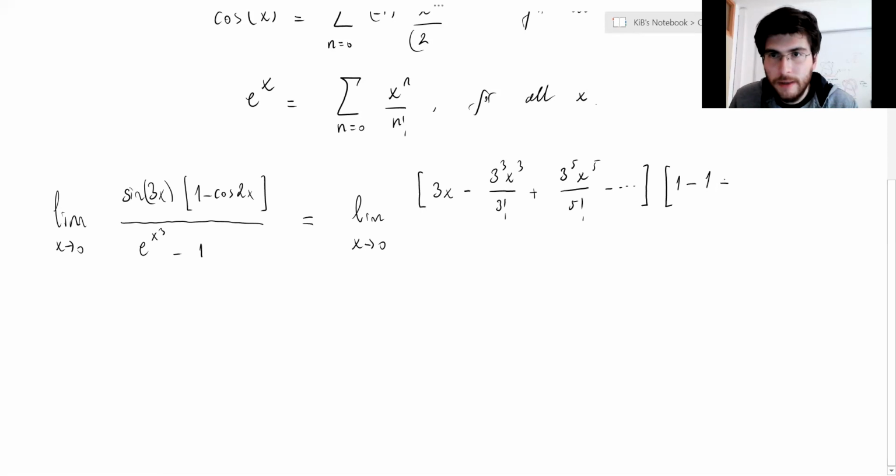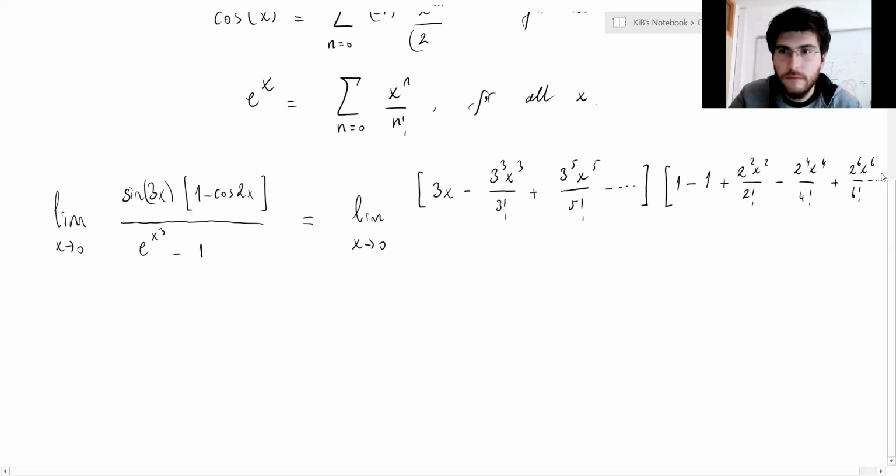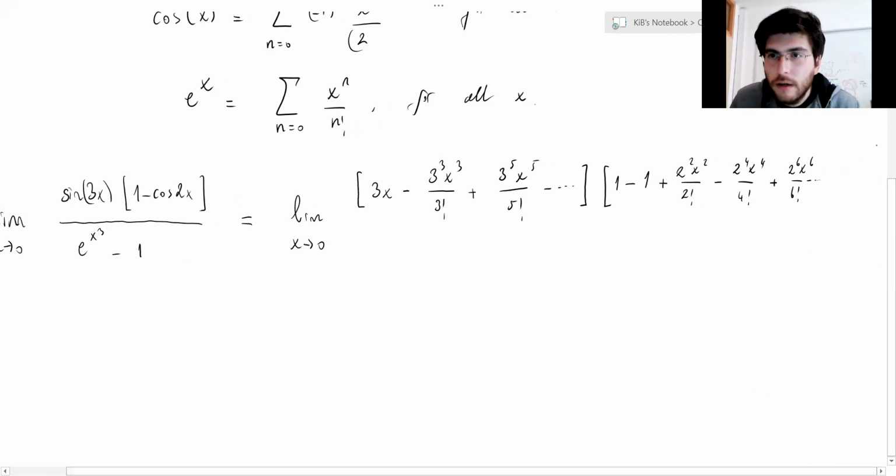So 1 plus 2 squared x squared over 2 factorial minus 2 to the 4, x to the 4 over 4 factorial, plus 2 to the 6, x to the 6 over 6 factorial, and minus, and it goes like this. Okay, I hope you follow.